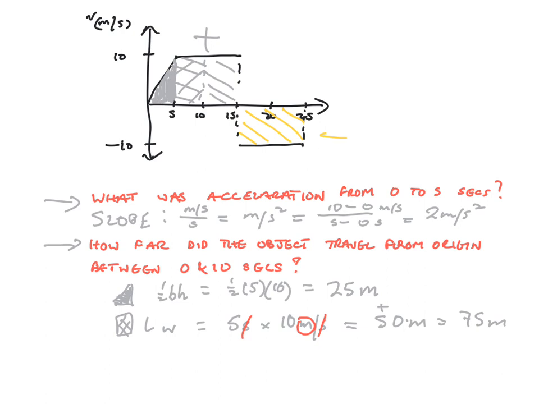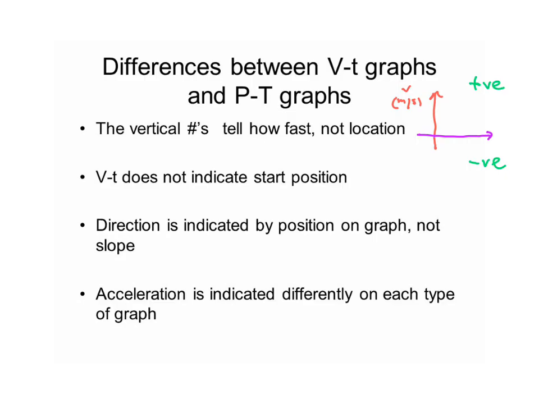Okay, so we've learned a couple of things. We've learned that a VT graph looks different to a PT graph, that the slope on a velocity time graph gives you acceleration, and that the area under the curve on a velocity time graph gives you the change in position of the object. So just to recap differences between VT and PT graphs.